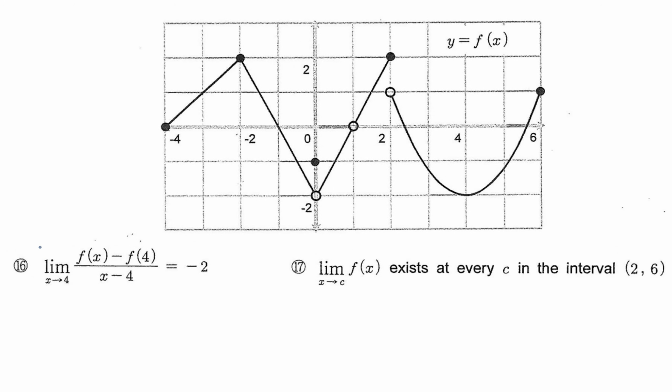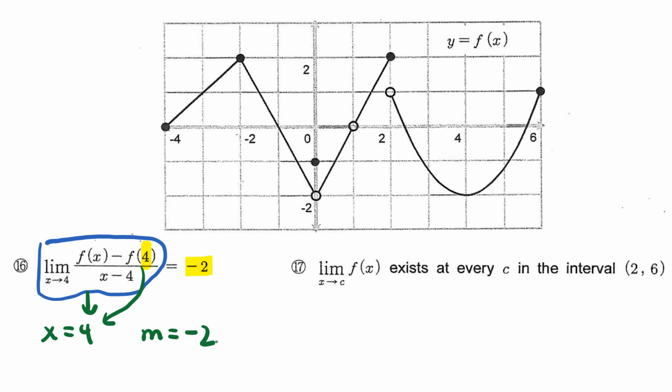All right, so we have the definition of the derivative again, and that's saying that the slope when x equals 4 is equal to -2. Once again, what does this definition of derivative really mean? It means when x equals 4, the slope equals -2. So is that true or false? Well, here's 4.